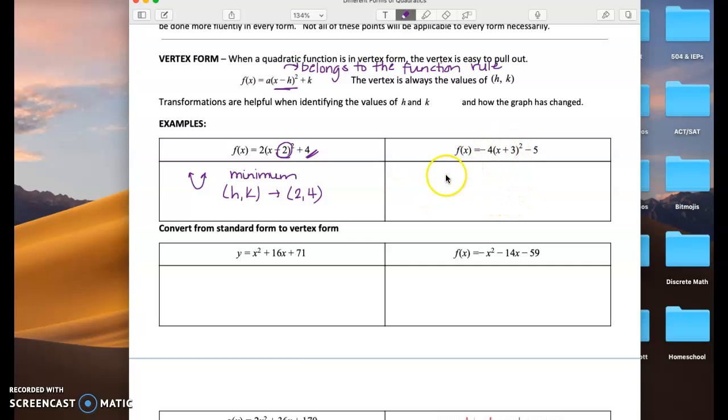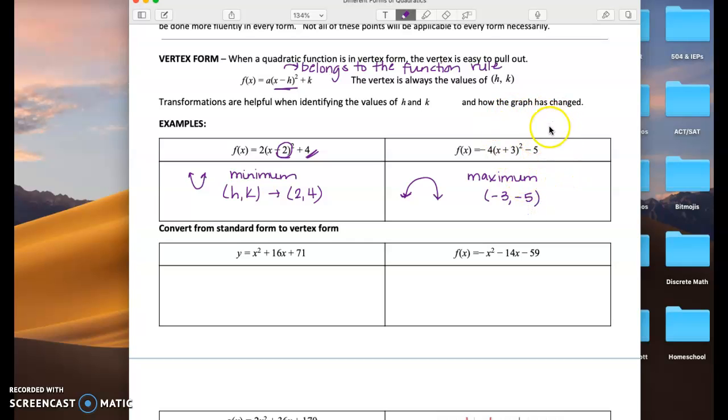On this one, it's a negative 4 in the front, which means the parabola has been flipped over. And so then again, we know that we're going to have a maximum. Our h for this one is a positive, which means when we get ready to write it, it's a negative 3 and a negative 5.